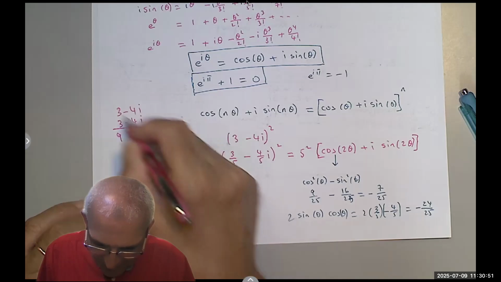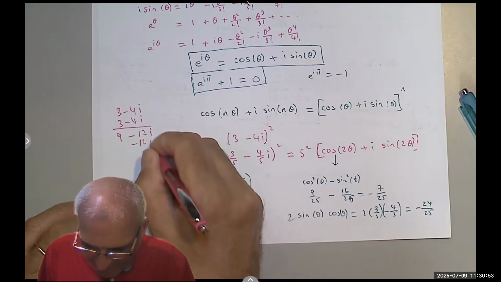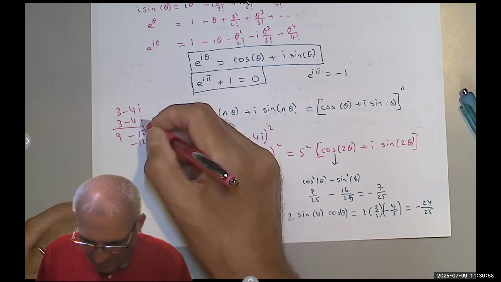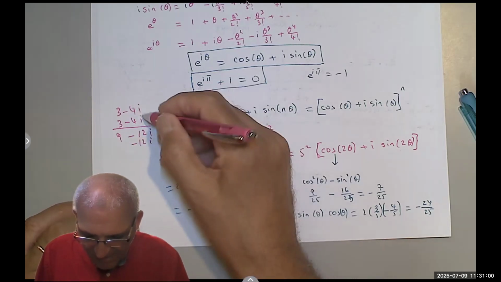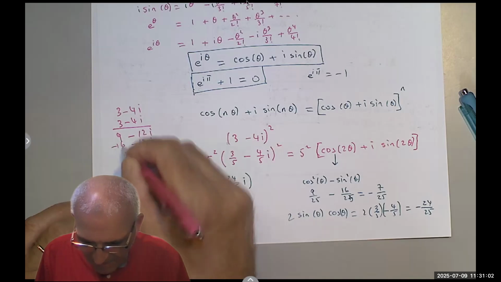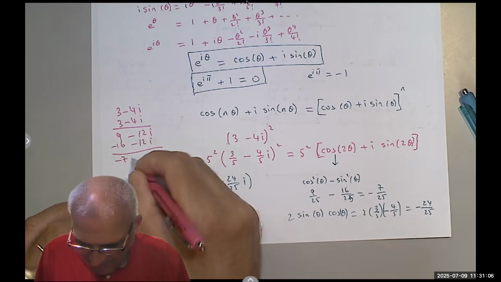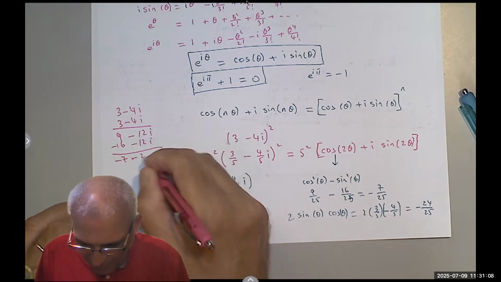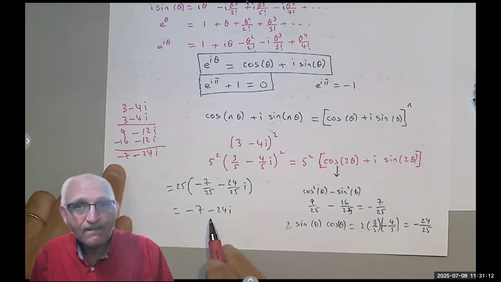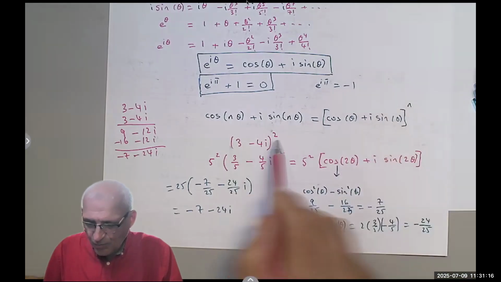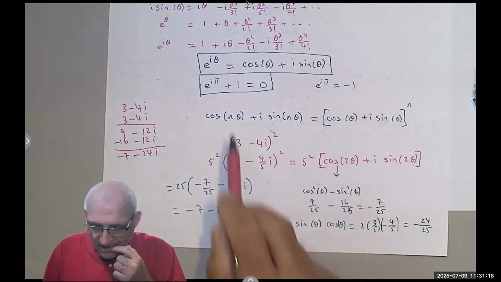And then negative 4i times 3 is negative 12i. Negative 4 times negative 4 is positive 16, but times i squared is negative 1, so minus 16. And 9 minus 16 is negative 7. Minus 12i and 12i is 24i. You get the same result. Okay, but why go through all of that if I can do it easily like this?